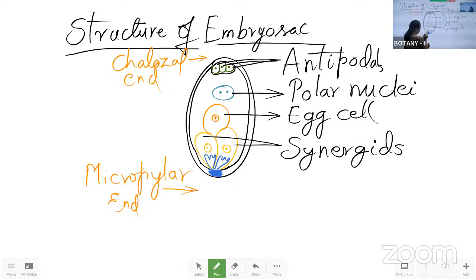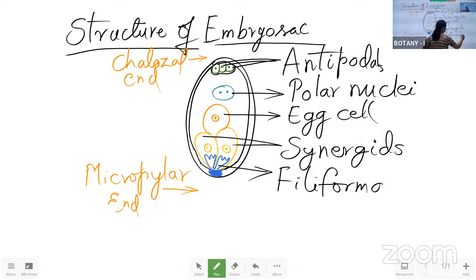In the synergids, I have drawn the finger-like appendages. Those finger-like appendages are called the filiform apparatus.